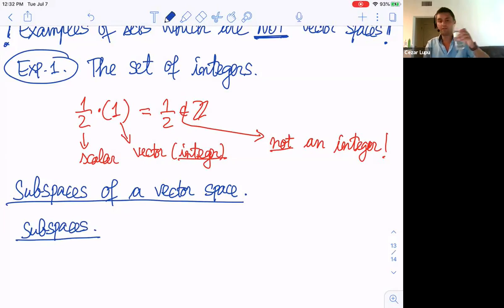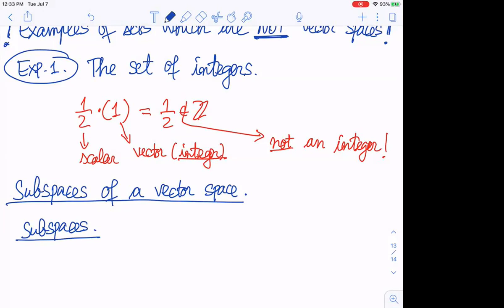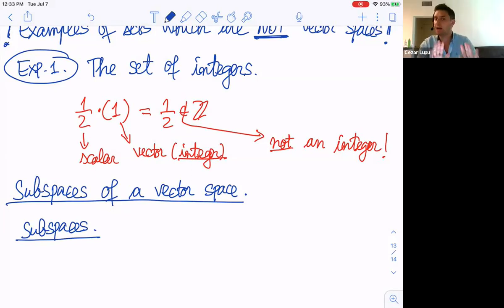So we want to see what the subspace is. What does your intuition tell you? What do you think a subspace of a vector space is? Is it like a subset? Exactly. Yes, it's a subset, and what more?